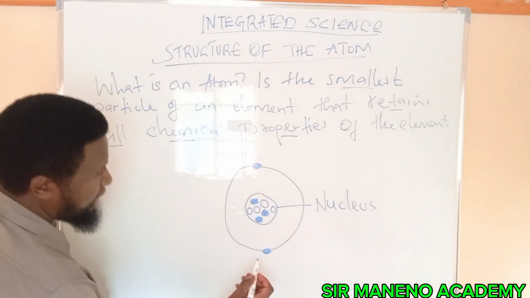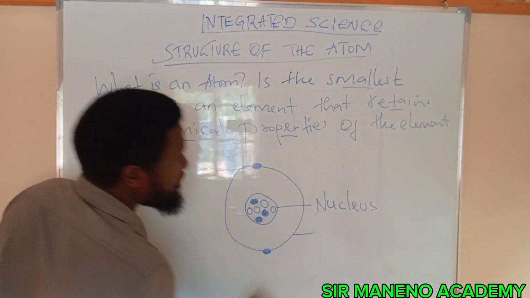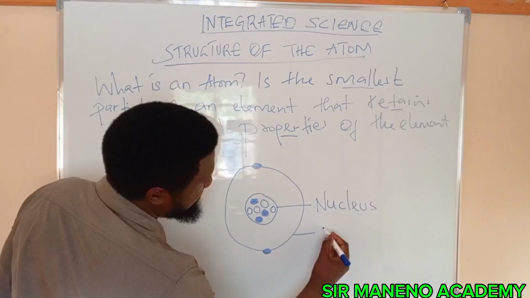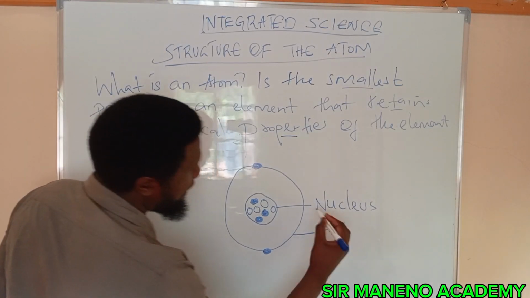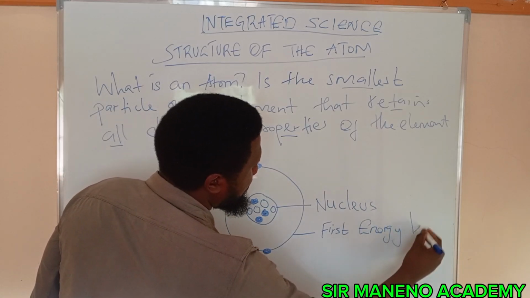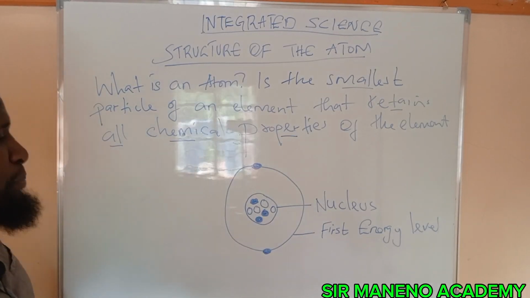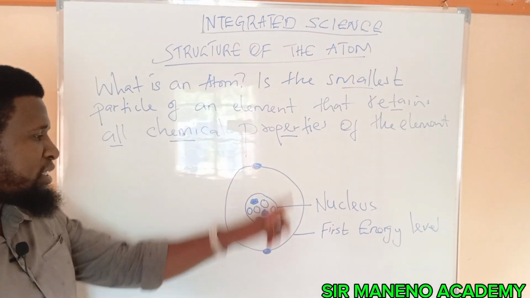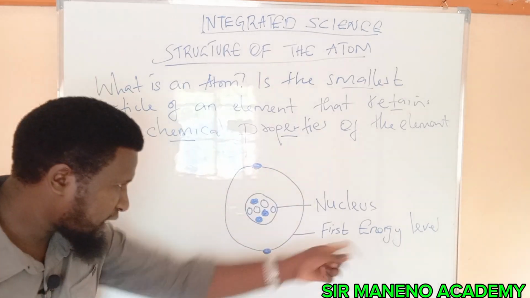I'll talk about them later. Then another region is this. We call this first energy level. So we have very important regions in an atom, which are two. We have the nucleus and the first energy level.